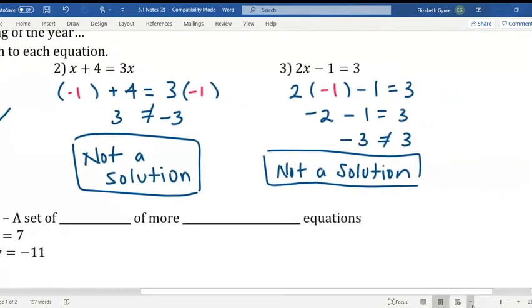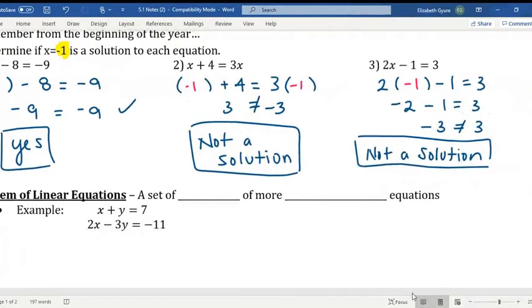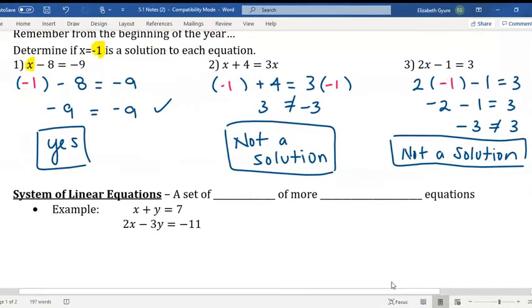All right, so a system of linear equations. That is a set of 2 or more linear equations, like y equals mx plus b. This is an example of what that could look like. One's normally stacked on top of the other like this.